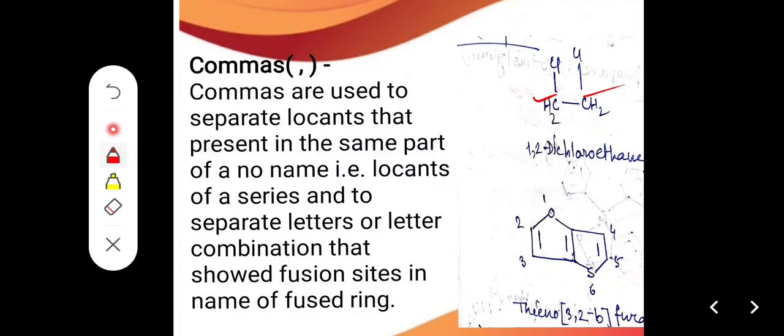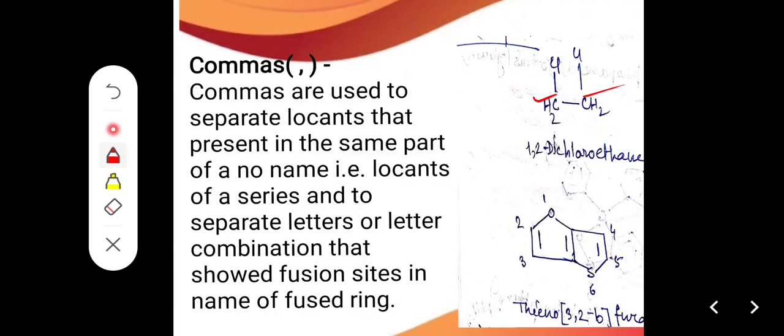So when we designate these two chlorine functionalities, we can use a comma to separate the locants that are present in the same part of the compound. That is a locant of a series.